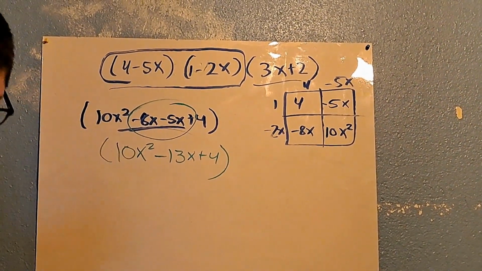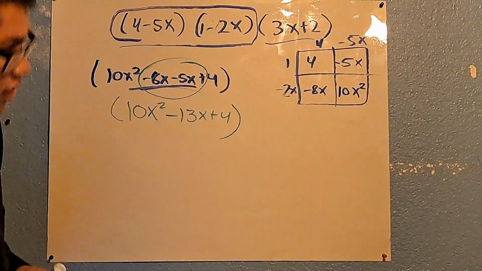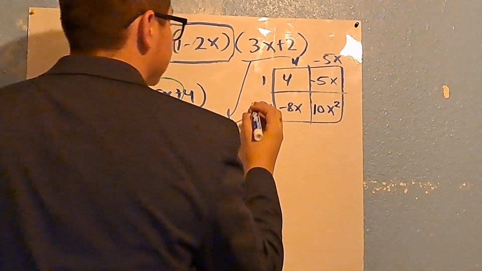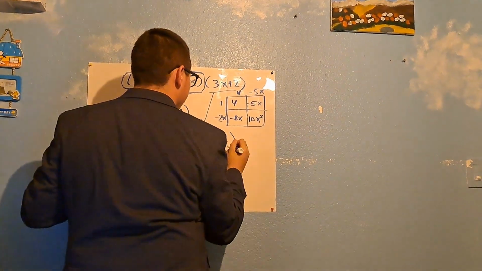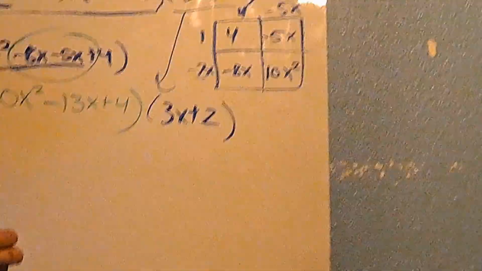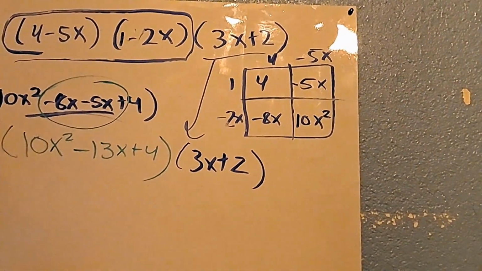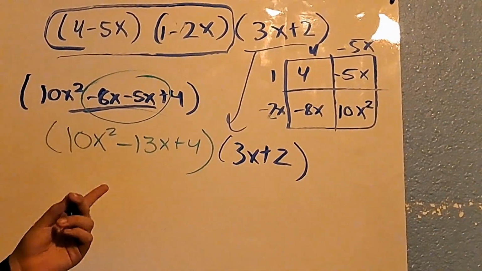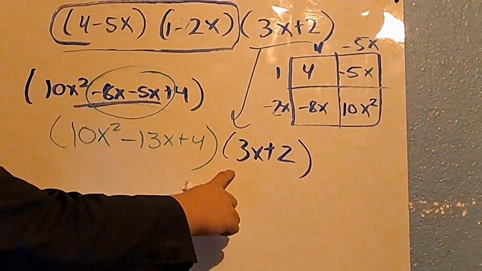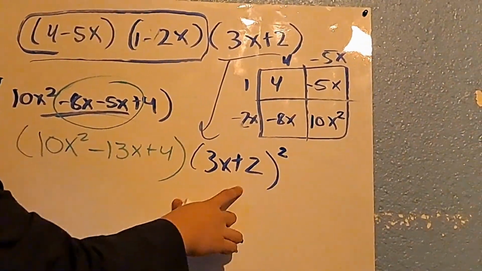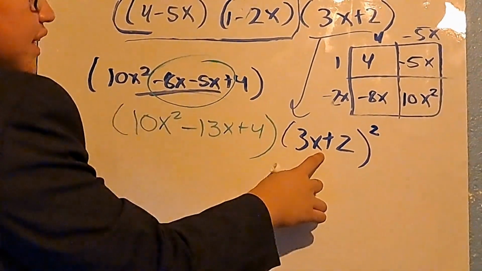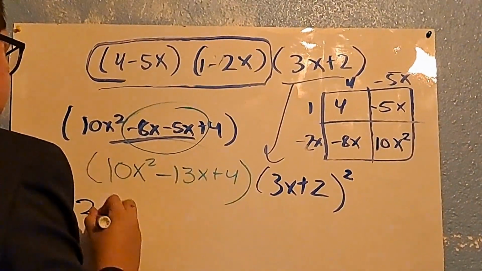And after this, what do we do? Well, we just drop this value down, and we do 3x plus 2. This is way easier to understand now, because we know that we can simply separate these two, because it's technically a square, and we can just make them into two problems. So we can use this, and we can put it back into this.